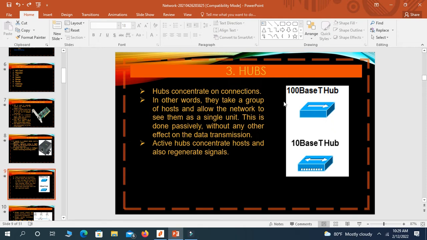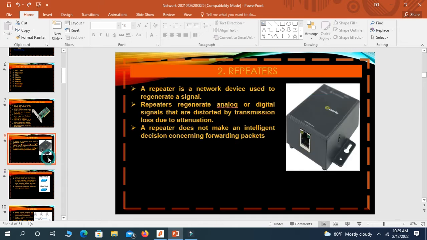Next up we have hubs. So hubs concentrate on connections. In other words, they take a group of hosts and allow the network to see them as a single unit. This is done passively without any other effect on the data transmission. Active hubs concentrate hosts and also regenerate signals. In the previous slide also we were telling that repeaters were used for regenerating signals that were somehow distorted.